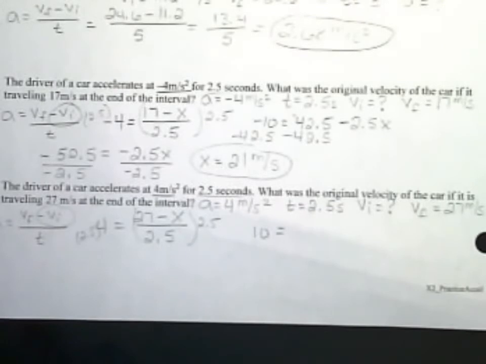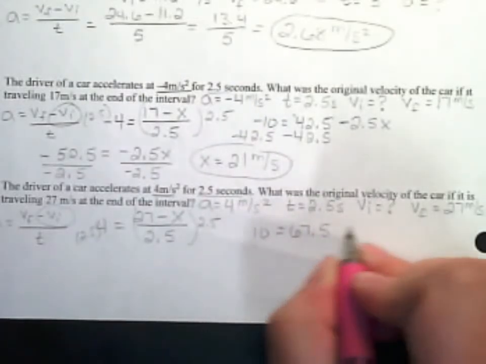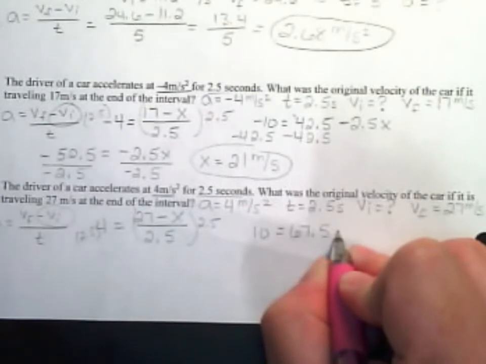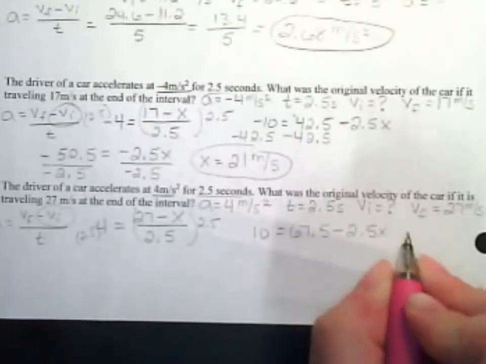67.5. Let me calculate that one real quick. 27 times 2.5 equals, yeah, 67.5. Okay, 67.5 minus 2.5x.